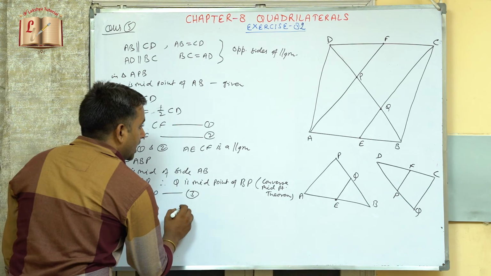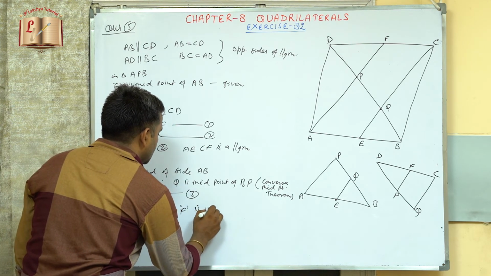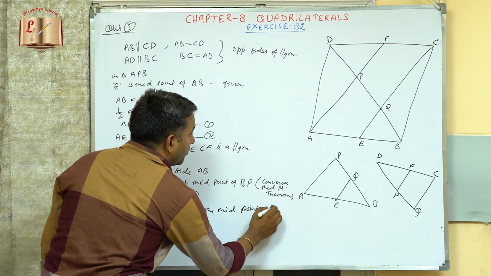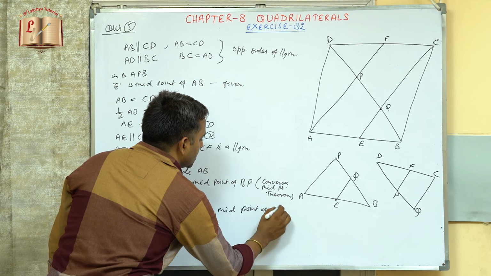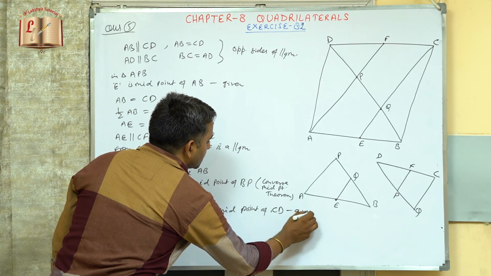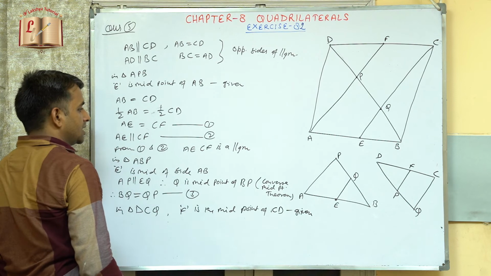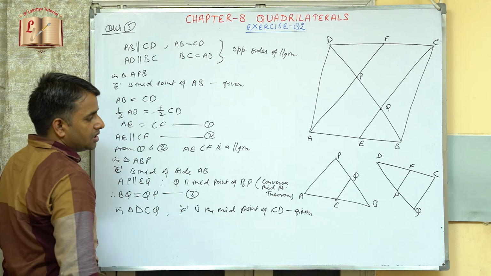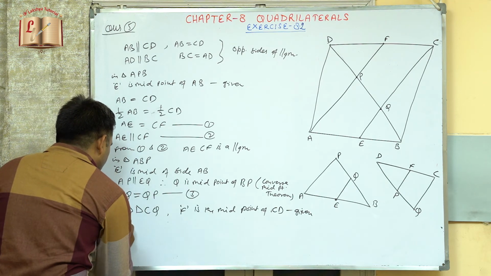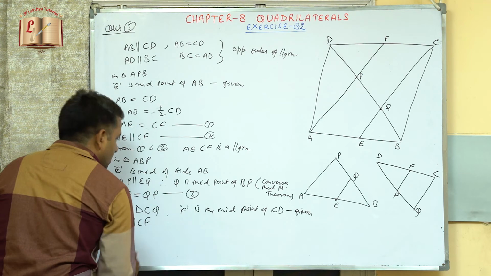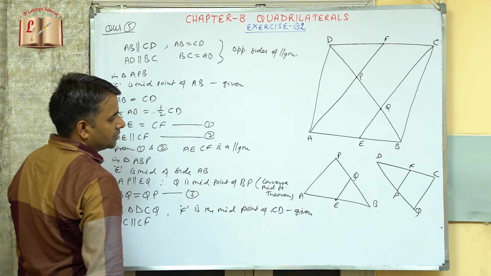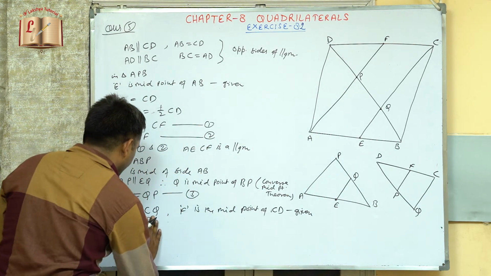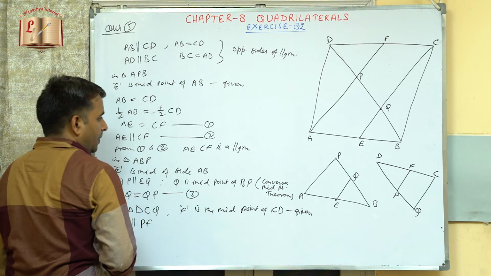Now in this triangle F is the midpoint of CD. This is already given to us, that F is the midpoint of side CD, and this side QC is parallel to PF.